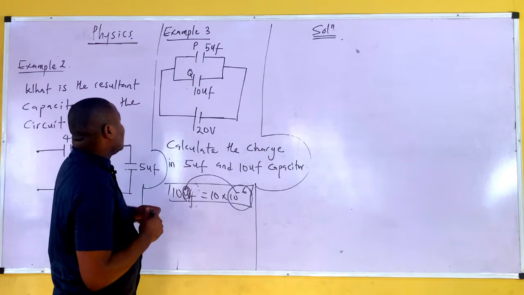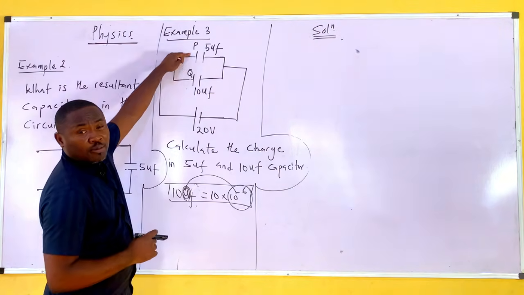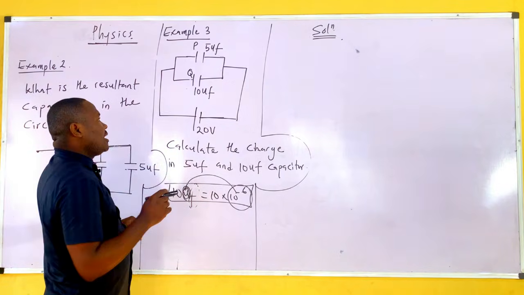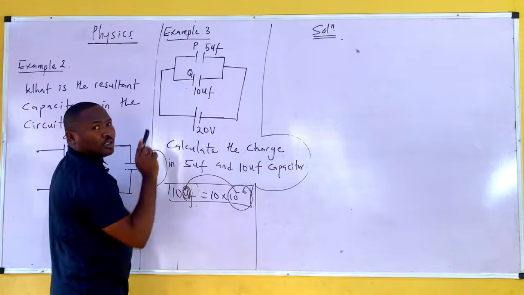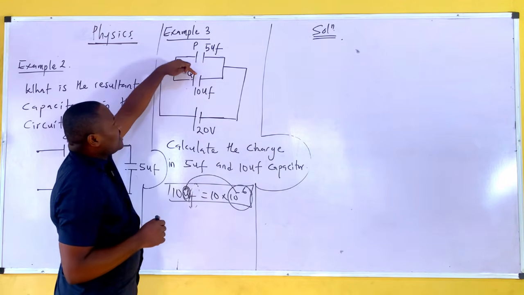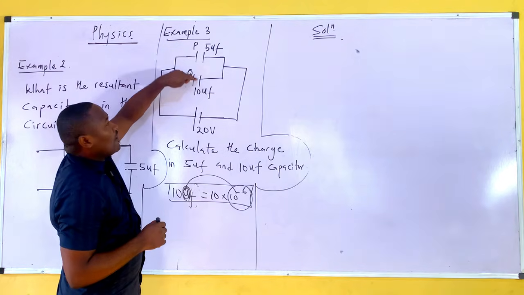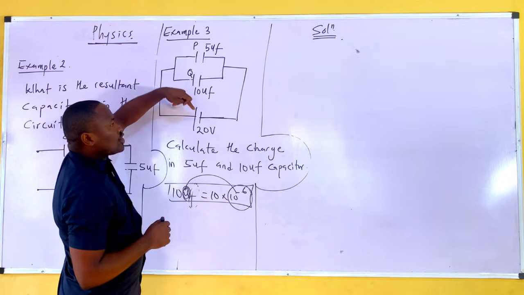Now, look at this. Both of them are in parallel, and we said in parallel they have the same voltage but different charges. The charge here is different from the charge here, but the voltage here equals the voltage here equals the total voltage.